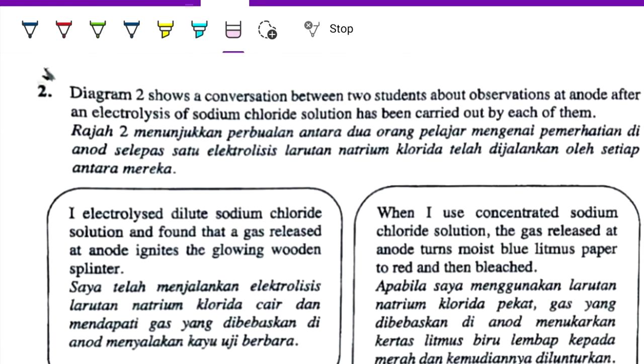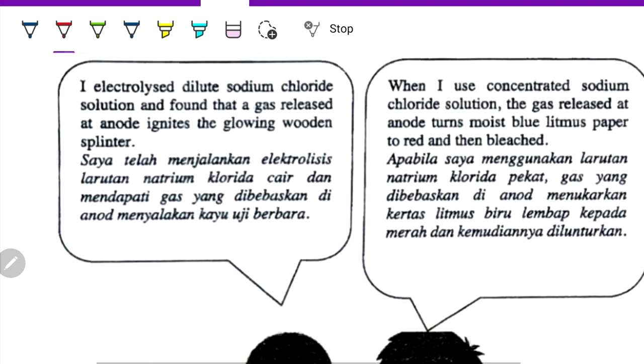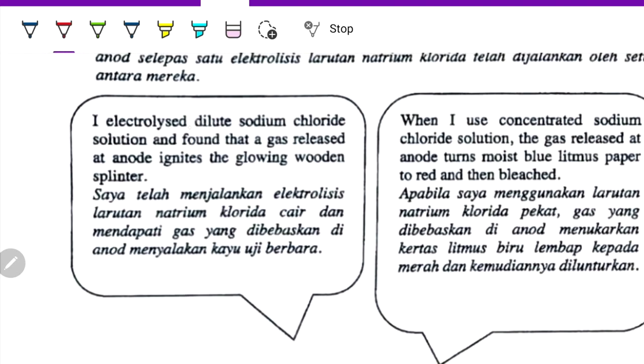Question number 2 is the planning of experiment. Diagram 2 shows a conversation between two students about observation at the anode after electrolysis of sodium chloride solution. Student A says, I electrolyzed dilute sodium chloride solution and found that the gas released at the anode ignites the glowing wooden splinter.